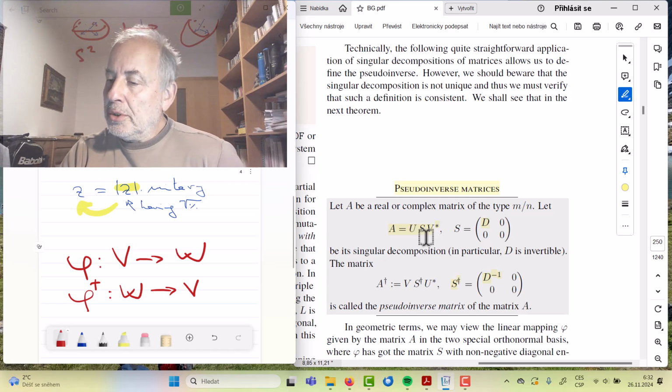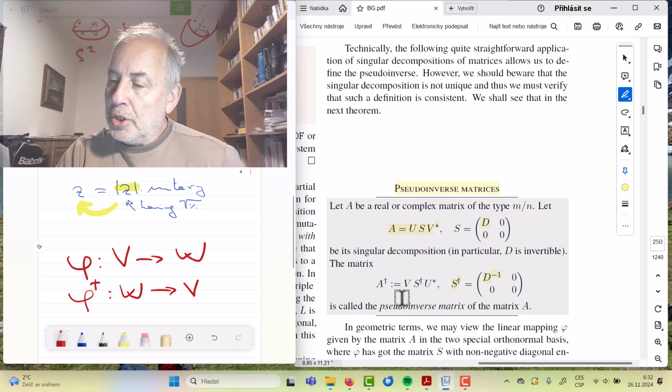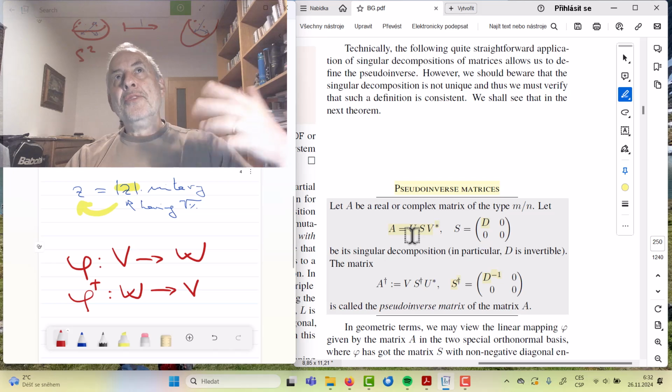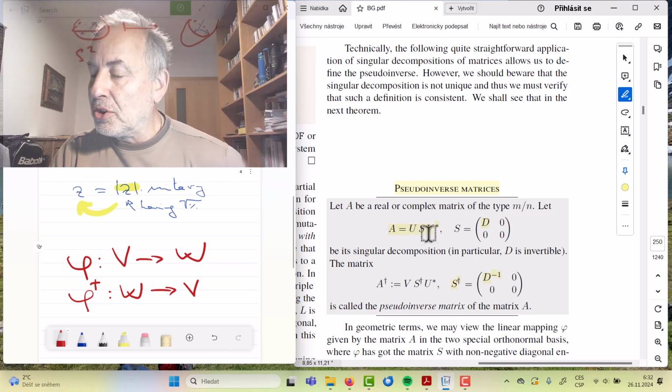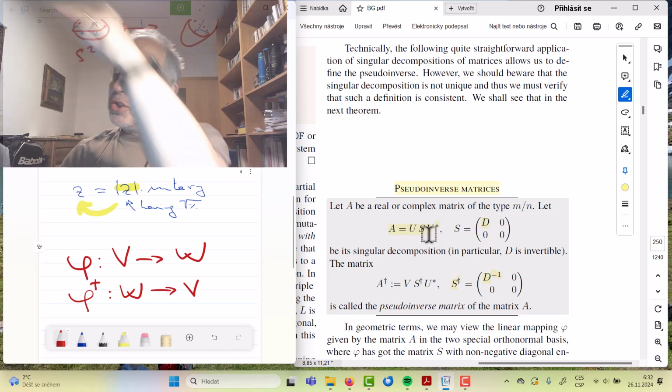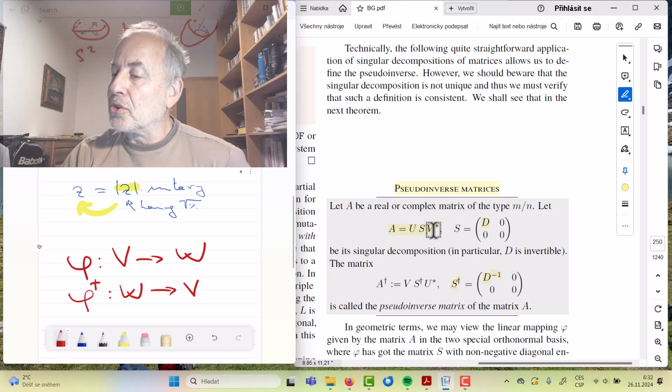And so it goes: if we change the bases, we have to use the inverses of the previous changes, right? So here it was the matrix V star, which changes the basis in the target, which is the inverse of V, so we write V here, and here will be the inverse of U, which is U star.